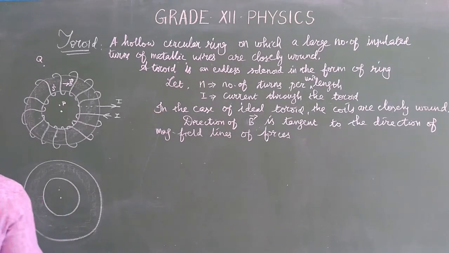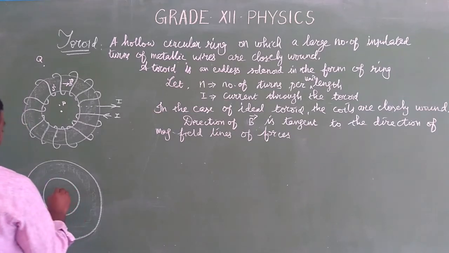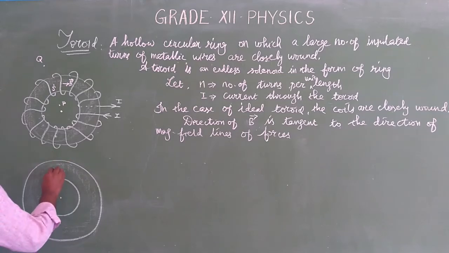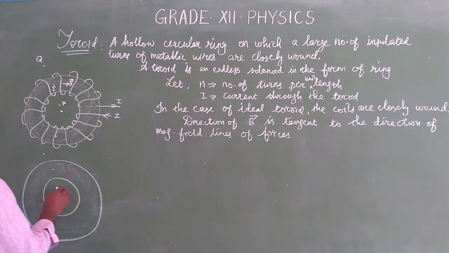Around the points P, S, and Q we consider an imaginary Amperian loop.